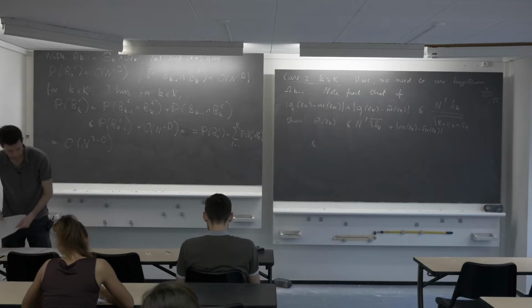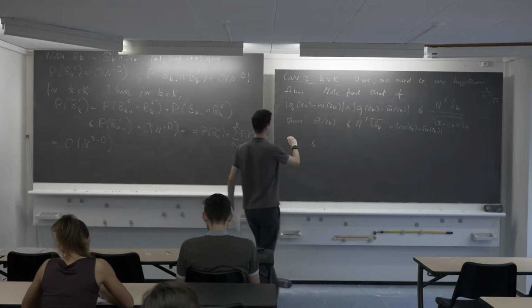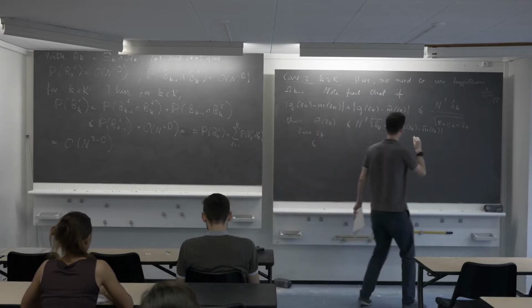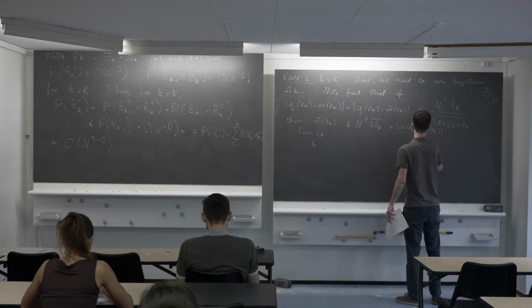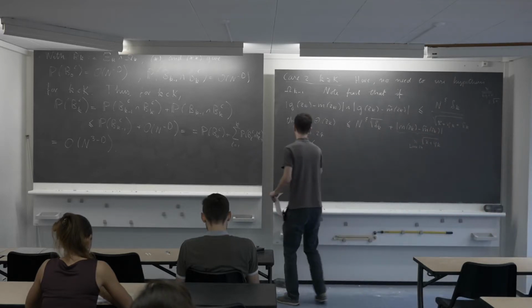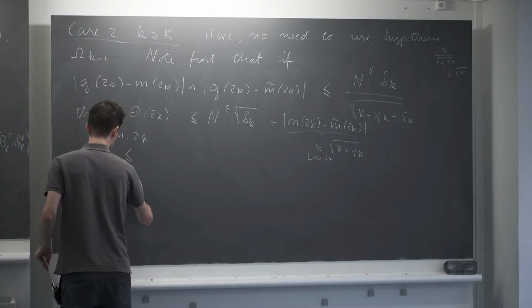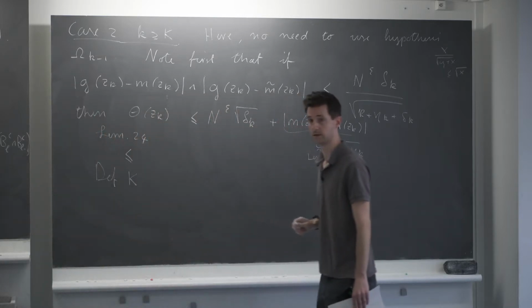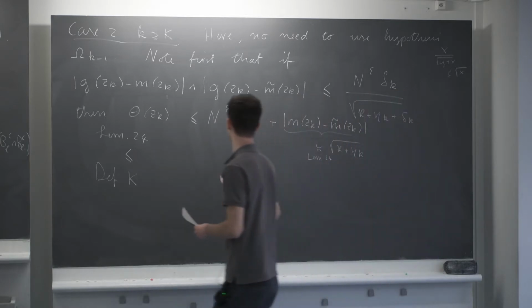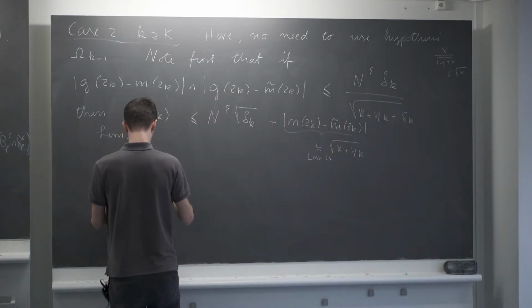I'm using this lemma 24, which we used already before. Lemma 24 says that this quantity is of order square root of kappa plus eta k, and then by definition of capital K, it was defined precisely in such a fashion that this thing is bounded by n to the epsilon times square root of delta k.